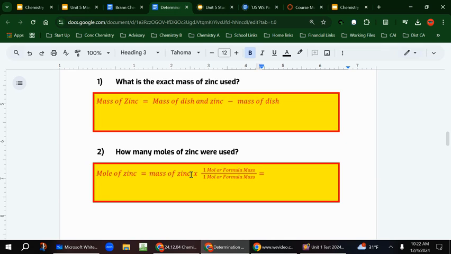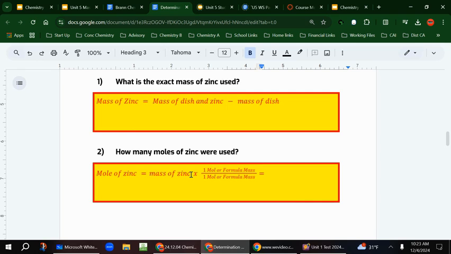But which goes on top here and which goes on the bottom? Does mole go on top or does mole go on the bottom? Does formula mass go on top or formula mass go on the bottom? What goes where? Mole goes on top, formula mass on the bottom. So you could take out where it says 1 molar formula mass. You could leave 1 mole on top. You could take this all out and put the formula mass on the bottom. Do the math. Tell me how much we get.